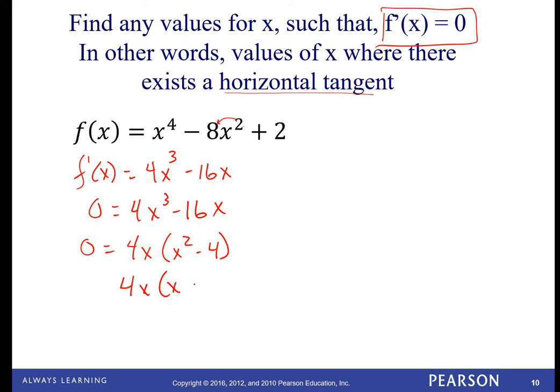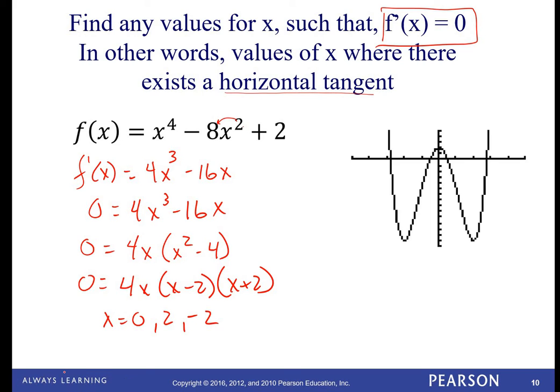So continuing to factor to solve, I find out that x is 0, positive 2, and negative 2. So let's take a look at what this looks like. Here's my graph of my original function, and you can see that at negative 2 it looks like I should have a horizontal tangent, at positive 2, and at 0. So these are the three places where my derivative is 0, which means where I have a horizontal tangent.